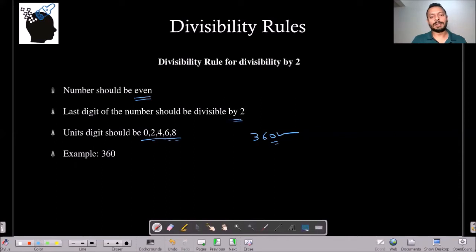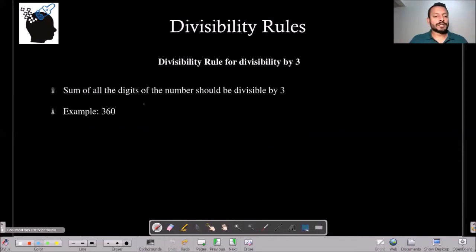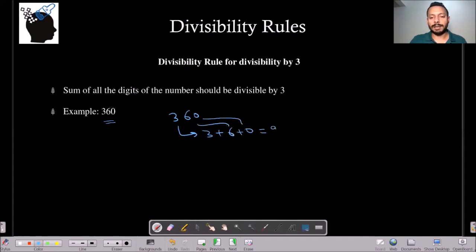Now let's try to see the divisibility rule by 3. The divisibility rule by 3 is, if the sum of all the digits of a number is divisible by 3, then the number will be divisible by 3. Let's take 360 as an example. The sum of the digits is 3 plus 6 plus 0, which is nothing but 9.